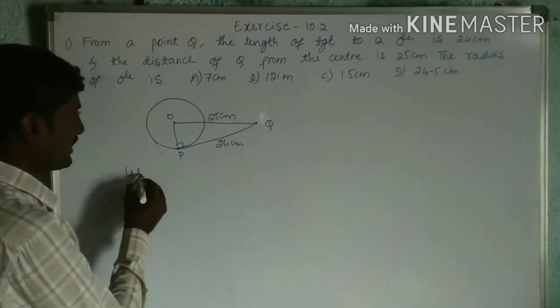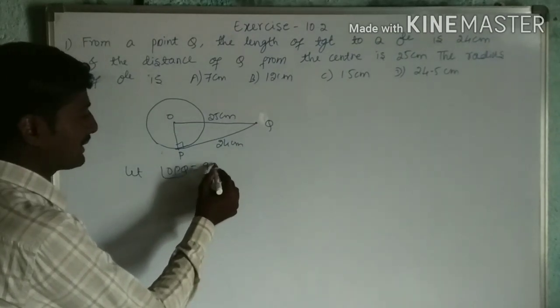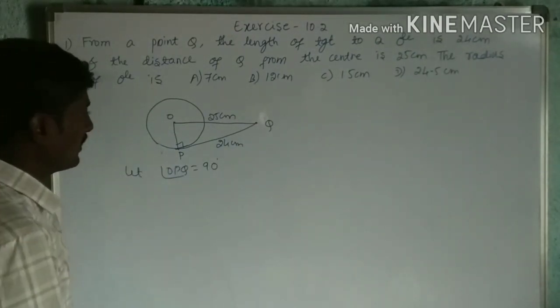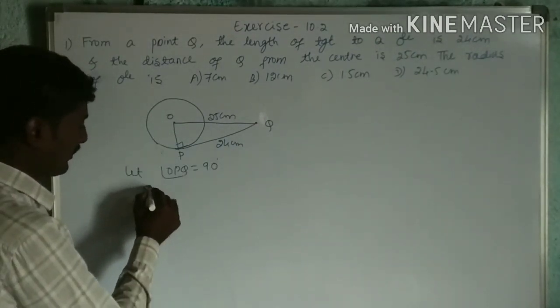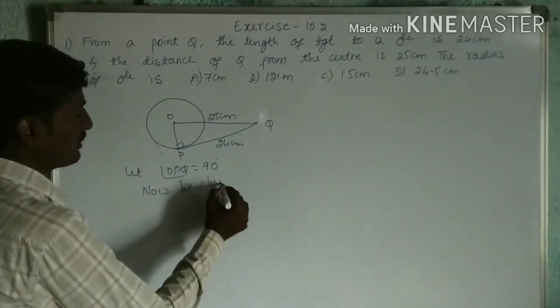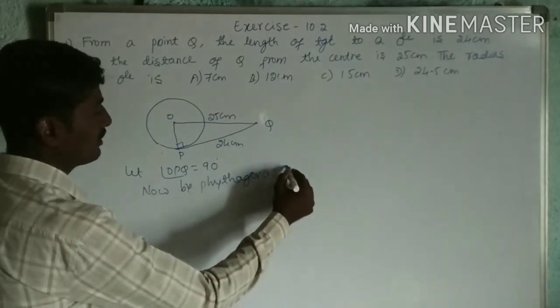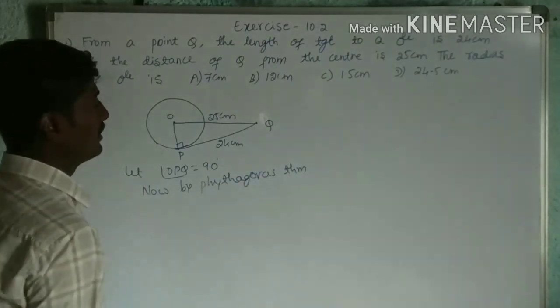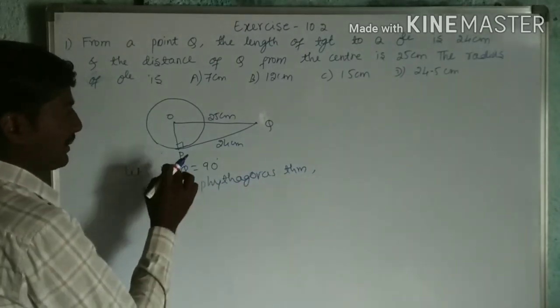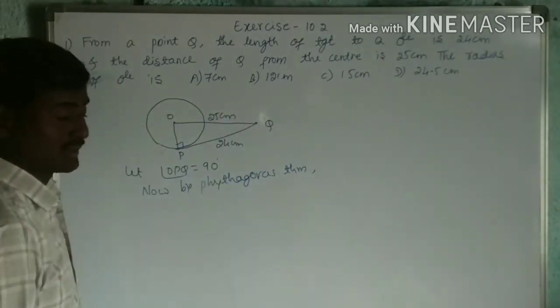Now let angle OPQ be equal to 90 degrees. We know this. Now by the Pythagoras theorem, the hypotenuse is what? This is the 90 degree angle, so the hypotenuse is OQ.